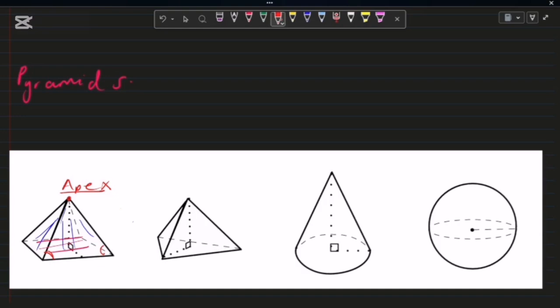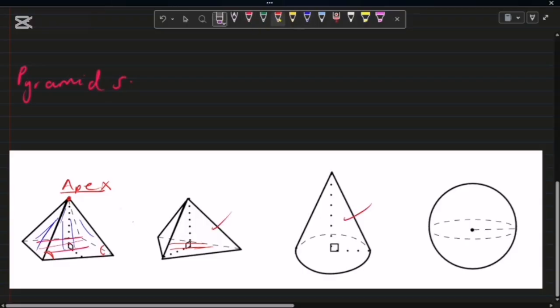If that is the case, then we can classify that three-dimensional object as a pyramid. The same is applicable to this one, that one as well. You can clearly see that.